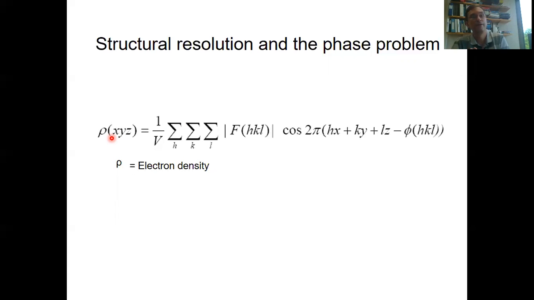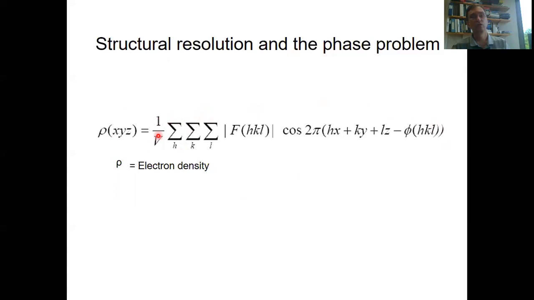And an X-ray diffraction experiment measures the electron density because the X-rays get diffracted at the electrons. We discussed this also previously. All right, so this is the electron density function within the unit cell, which is equal to this term here.